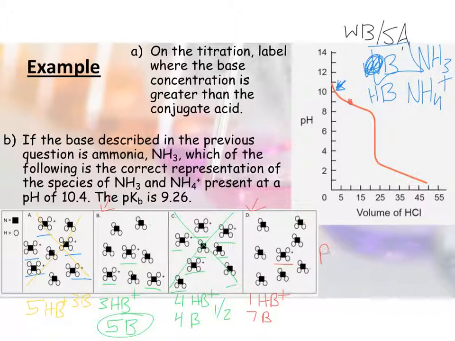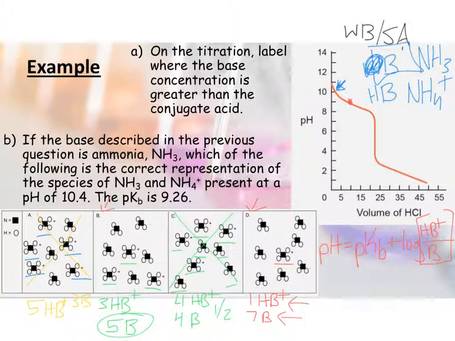So we can actually just plug this in over here and just try some stuff. So pH equals pKb plus the log of your conjugate acid over your base. Okay, so even though you might not think of these things right here as concentrations, we can use them that way.